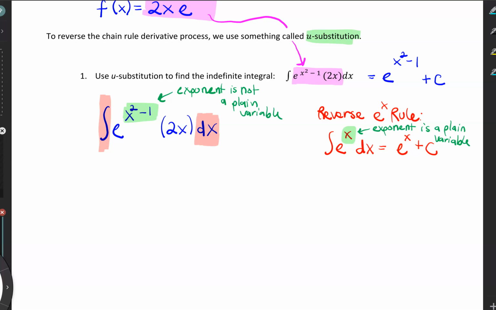So I cannot use my reverse e to the x rule right now because it doesn't fit the template. But we're going to make it fit the template using this process called u substitution.